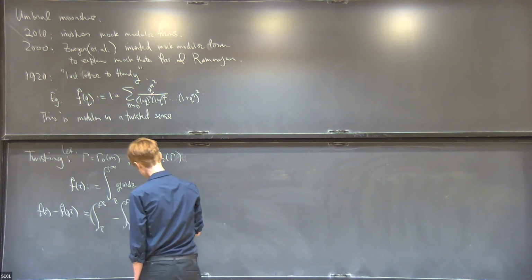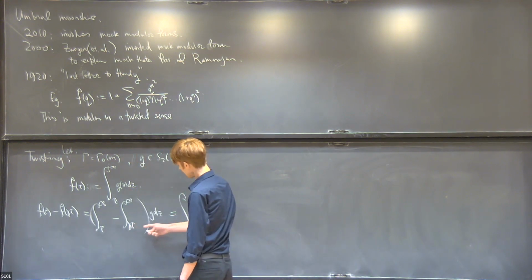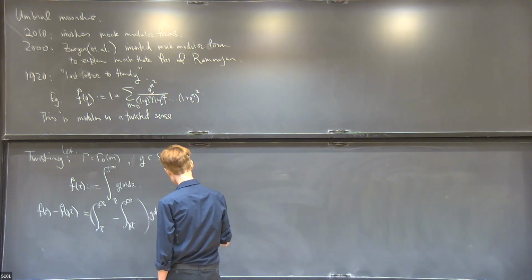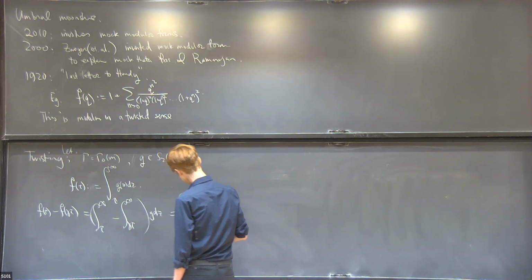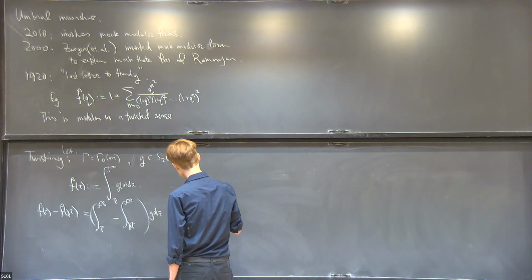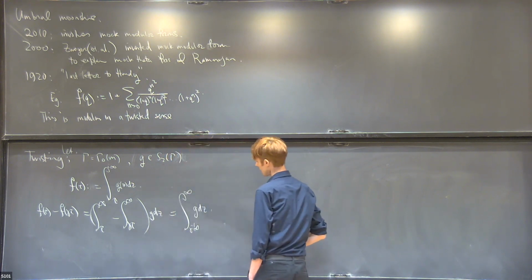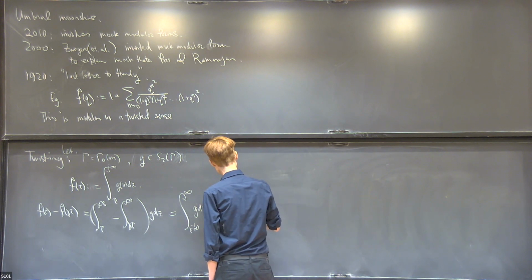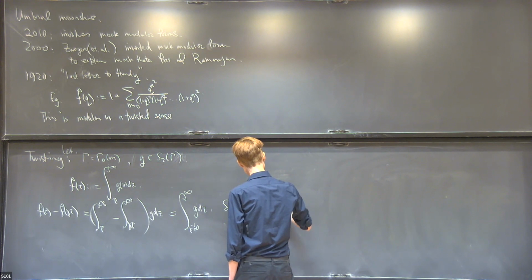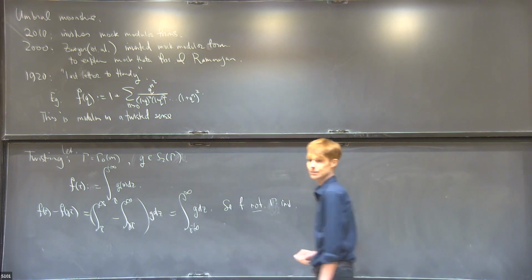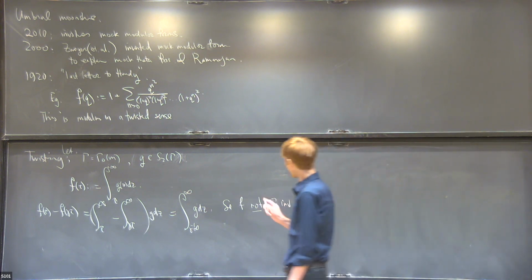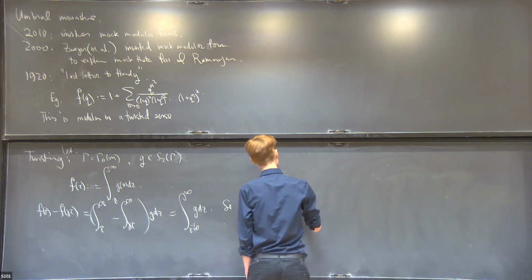So by gamma invariance, we can replace z with gamma inverse z, and this thing stays the same, and we get the integral from gamma inverse of infinity to infinity of g(z) dz. So f is not gamma invariant. So we failed. Or we succeeded.